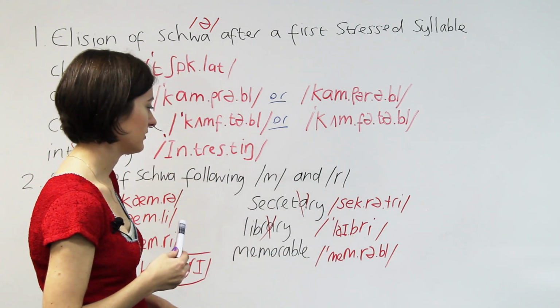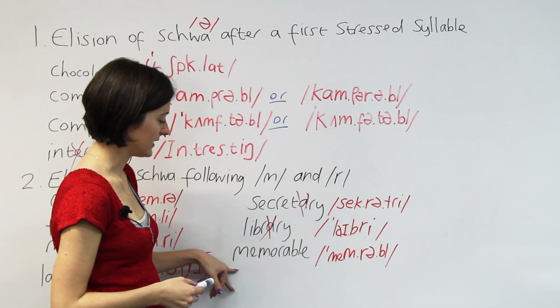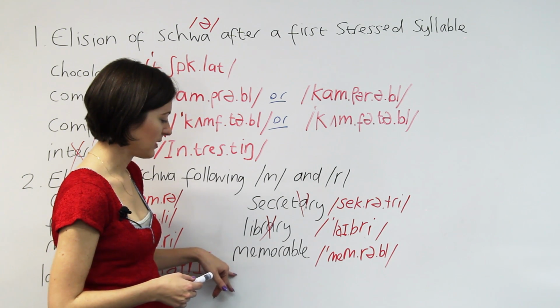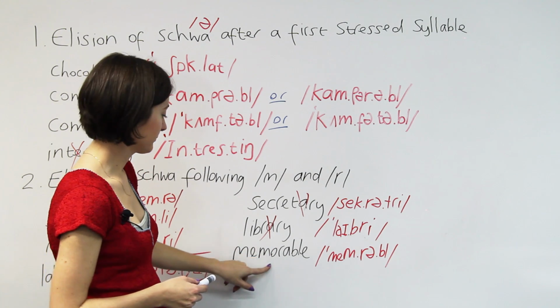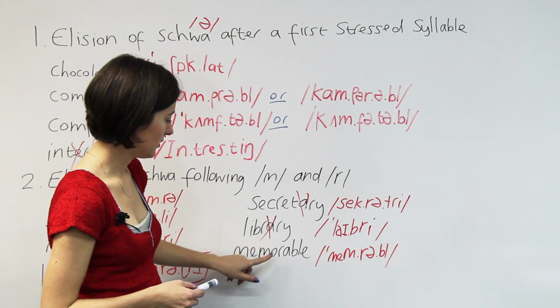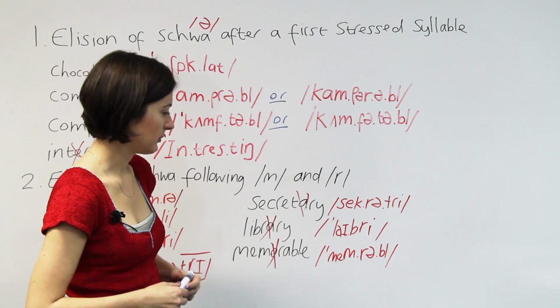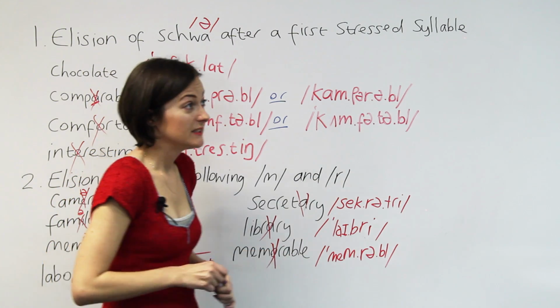One of the pronunciations of that word in British English. And looking lastly at this word, memorable. We're not hearing an O here. Memorable. So goodbye O. And then we make a three-syllable word, memorable.